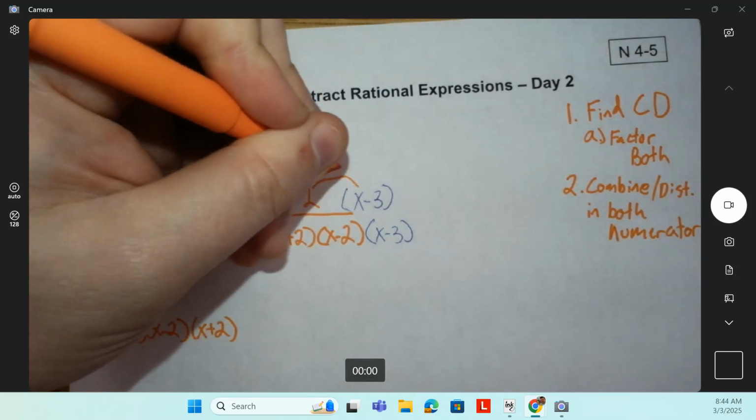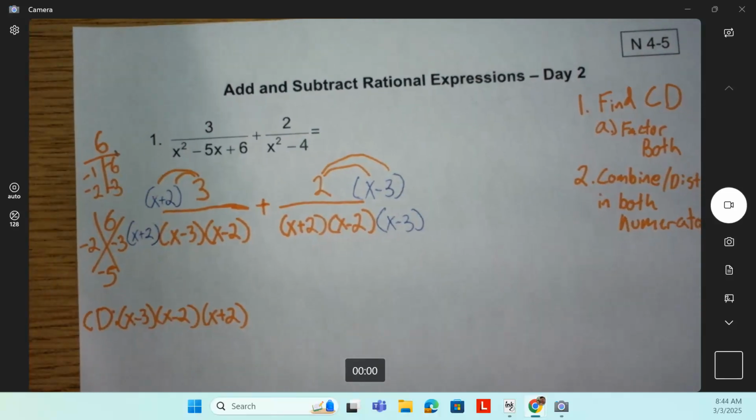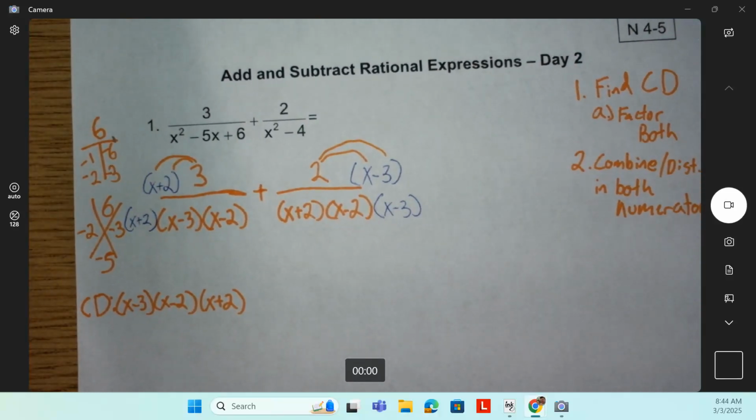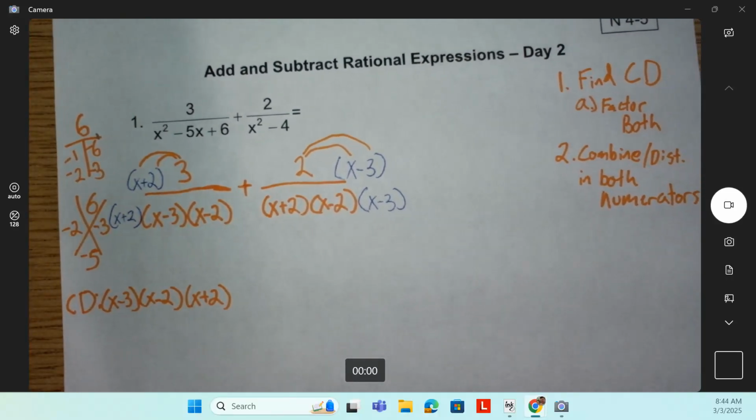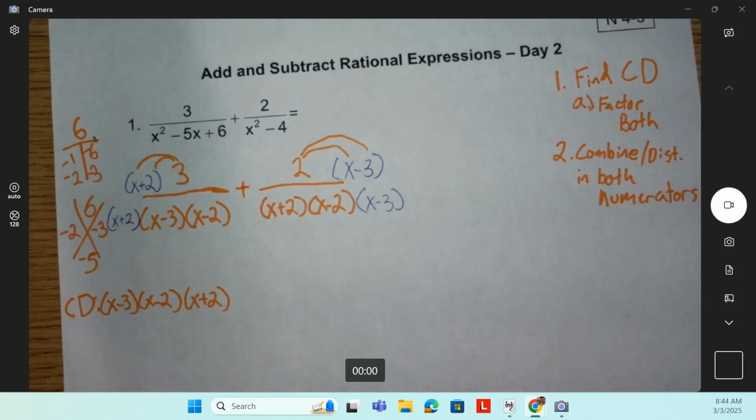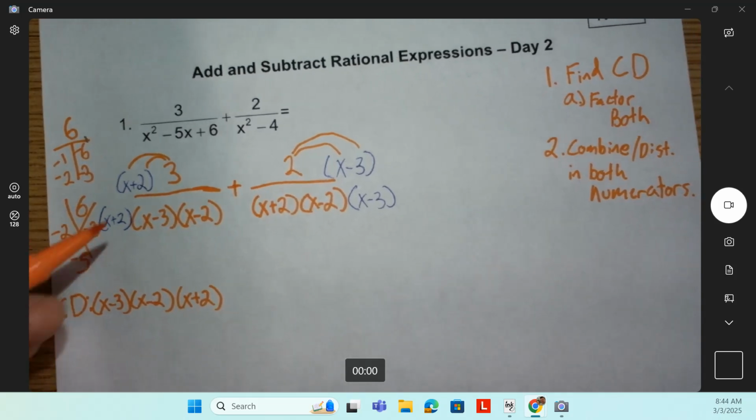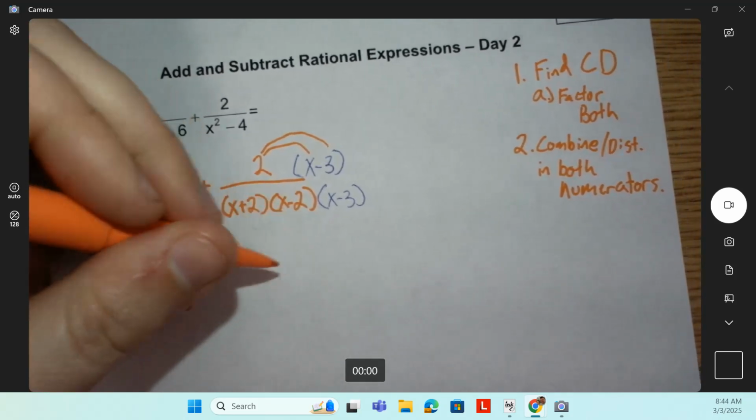The 2 is going to go into both of those, the 3 is going to go into both of those, and at the same time we put it all over one common denominator.